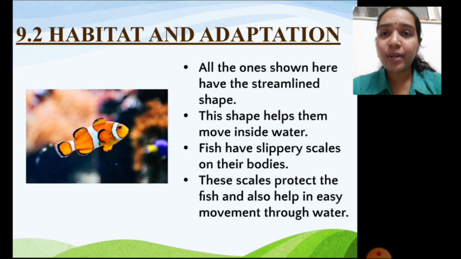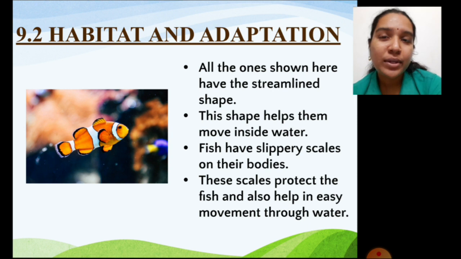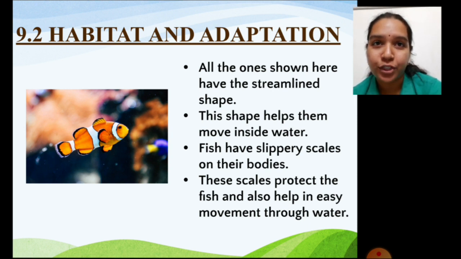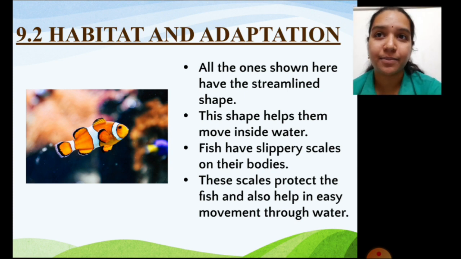Now let us discuss the structure of a fish which lives in water. We see many kinds of fish, but all of them have one common thing about their shape. That is, all the fishes or most of the fishes have the streamlined shape, like we learnt about this in chapter 8.